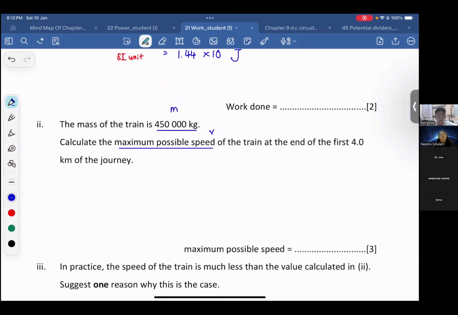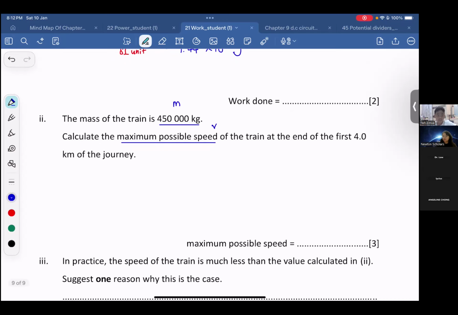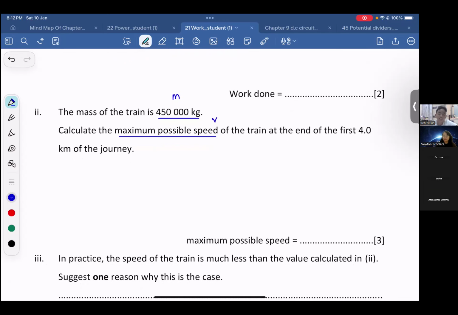So how? Try to solve it. Angeline, yes, correct. Zihua, are you able to get the answer? Crystal, try. Zihua, what is your answer? Did you try?